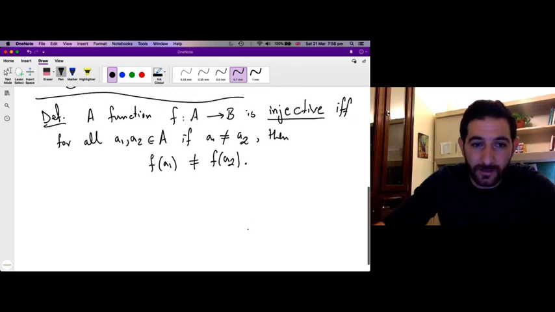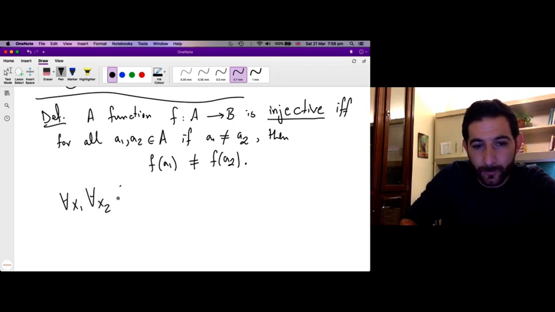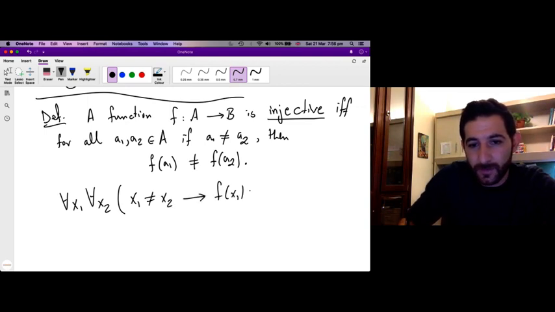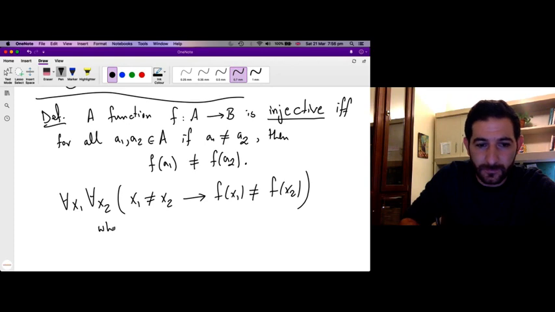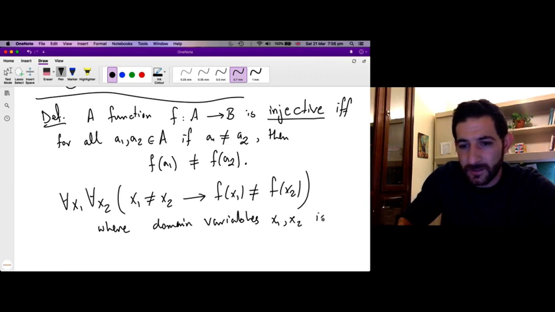Okay, let's write this in predicate logic. For all x1, for all x2, if x1 is not equal to x2, then the image of x1 is not equal to the image of x2, where the domain of the variables x1 and x2 is what?